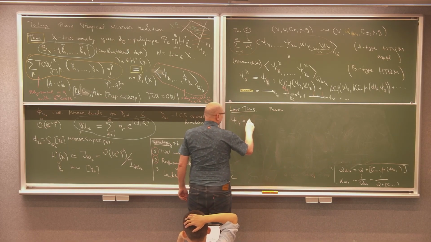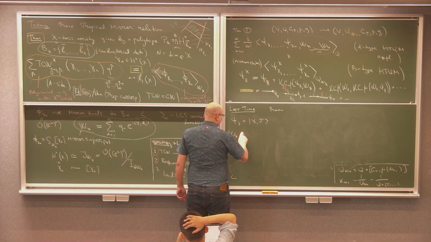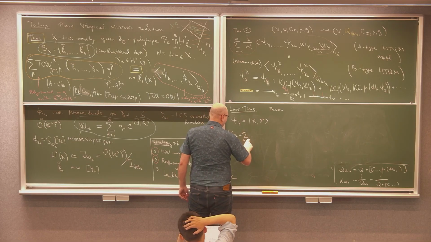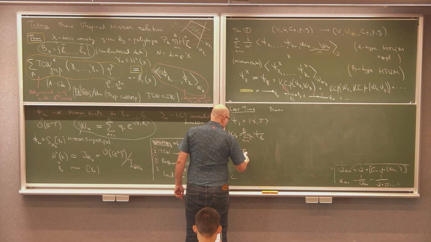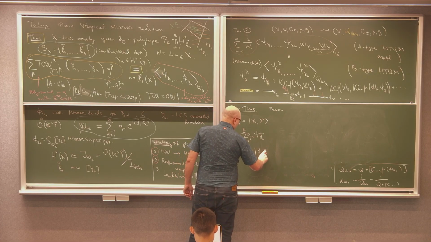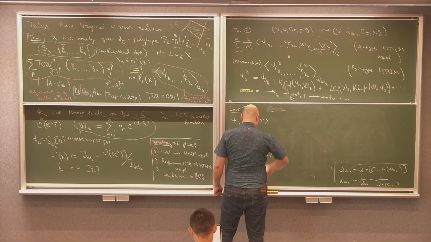So let me restore the states, and that is the sum from one vector x to psi B, and psi B A is 1 4.